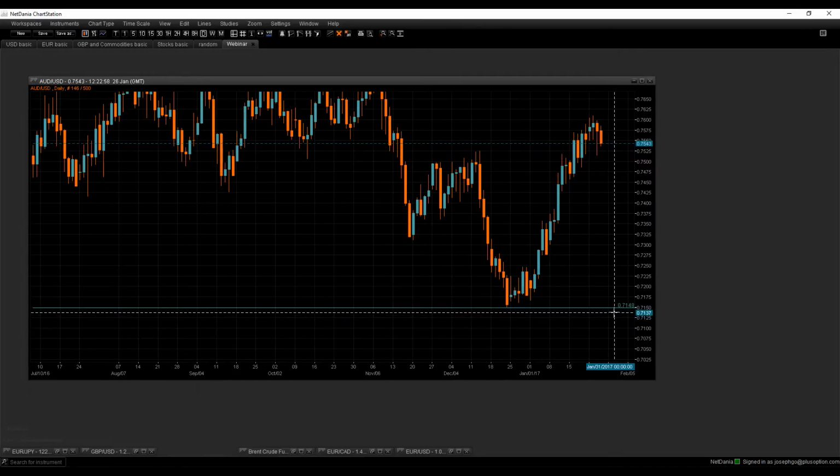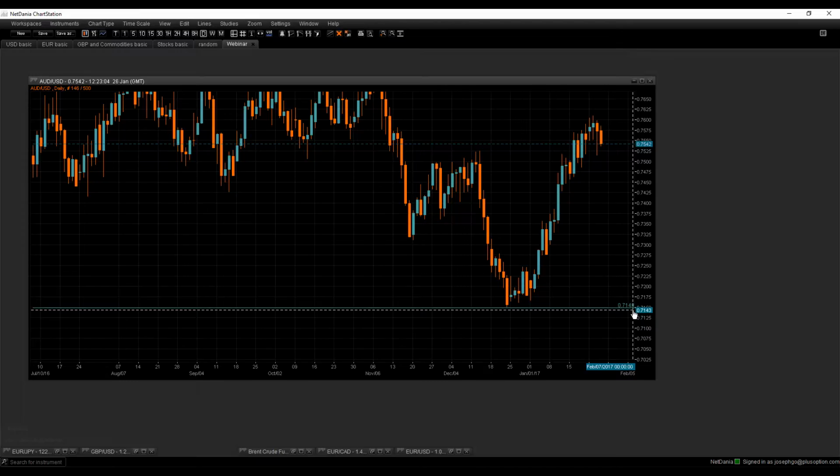All right, so that's it for our support and resistance. Now let's talk quickly about the RSI, which is the Relative Strength Index. It's a technical momentum indicator that compares the magnitude of recent gains to recent losses in an attempt to determine overbought and oversold conditions of an asset.